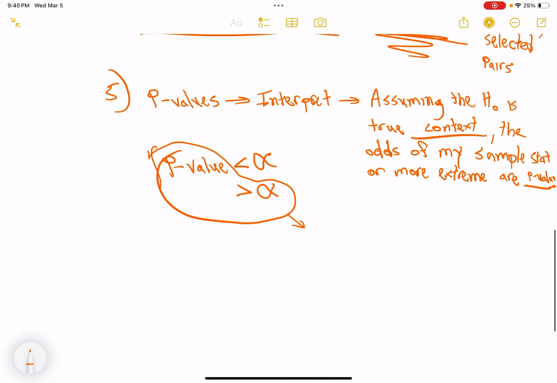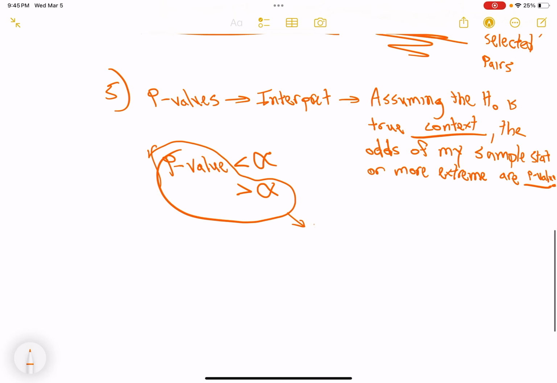Remember that the null hypothesis, if it's greater, right, then we fail to reject the null. Now that part seems obvious, but let me make sure I go into enough detail with you here. We fail to reject the null if the p-value is greater than the alpha. We know this. And we know that the null in a two-sample test is almost always going to be, actually, let me do it to the side.